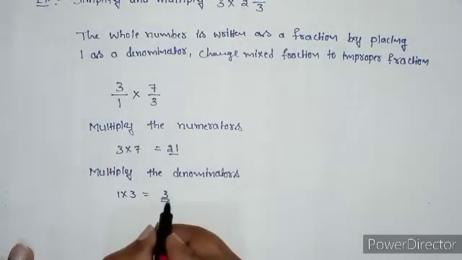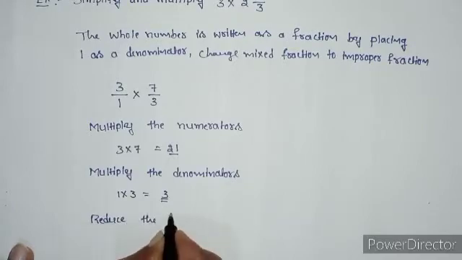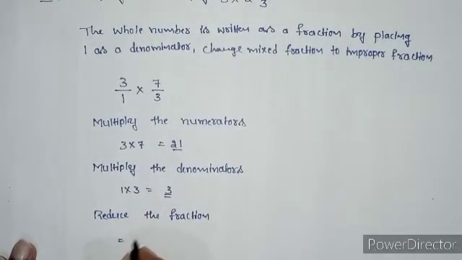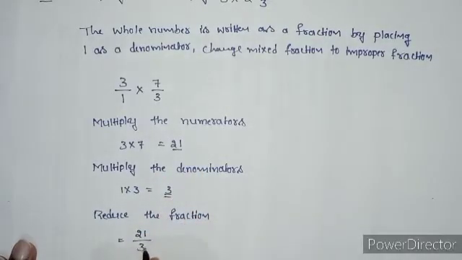So 21 over 3. Okay, so 3 divides 21 completely, right? So 3 sevens are 21. So we got answer 7.